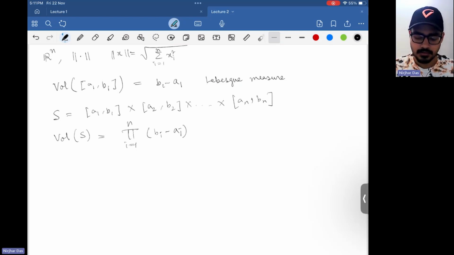So this is the volume that we will use whenever we mean volume.